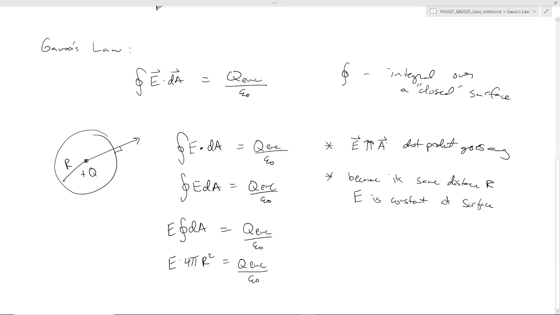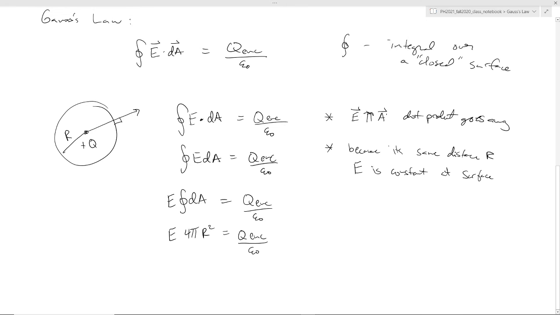Hey, and look, now if we divide by our 4 pi r squared, we have our expression for E again. So this is a different way to come up with the electric field around a point charge using a different mathematical tool.